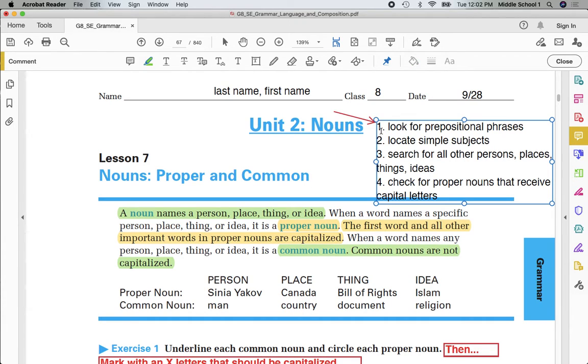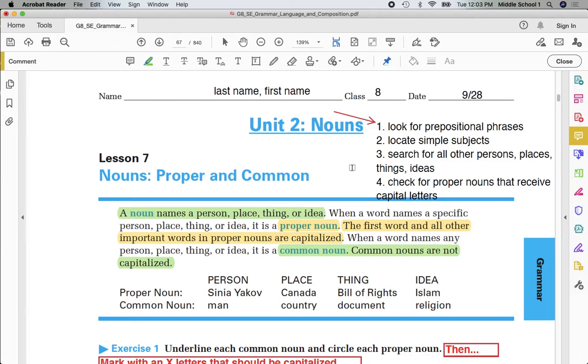Look for prepositional phrases. Where there's a prepositional phrase, you're going to have a noun for sure. My simple subjects are going to be nouns. Search for all other persons, places, things, or ideas. Things like direct objects in the sentence. And then proofread to make certain that the nouns in the sentences receive the capital letters.